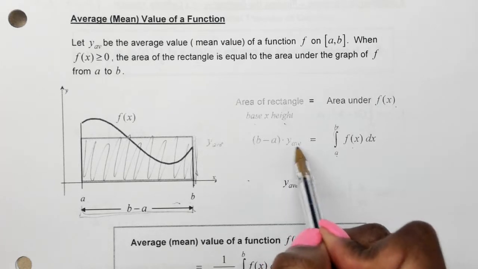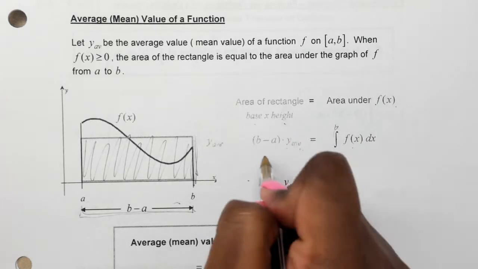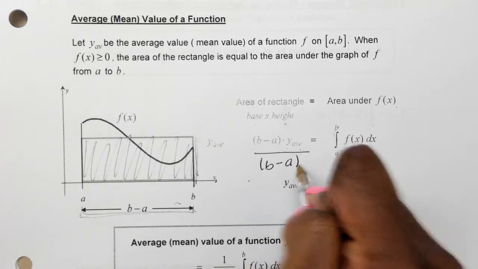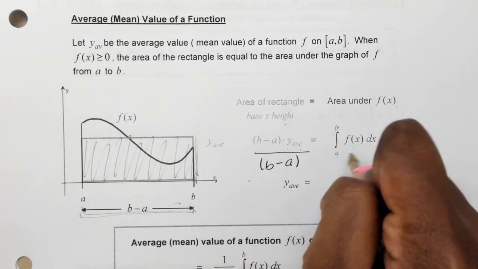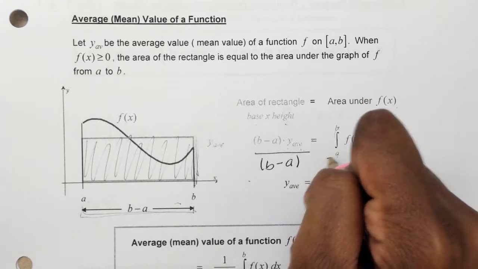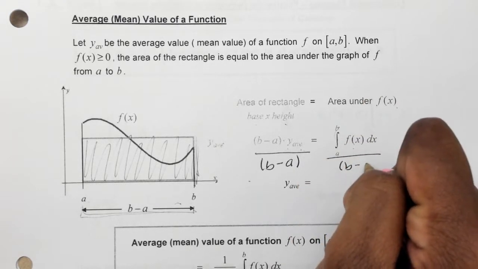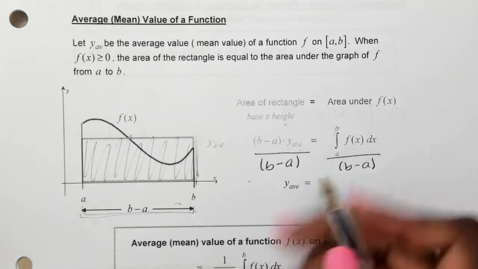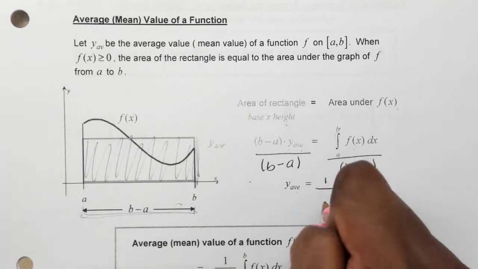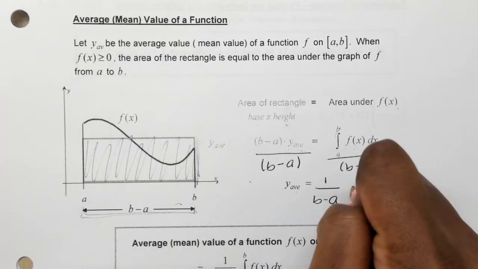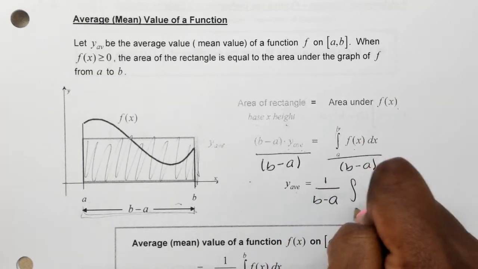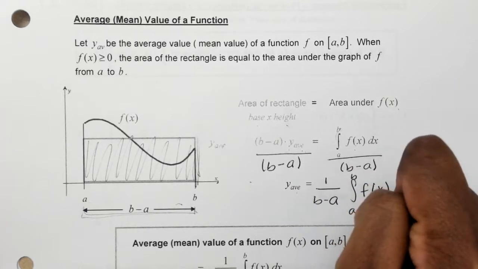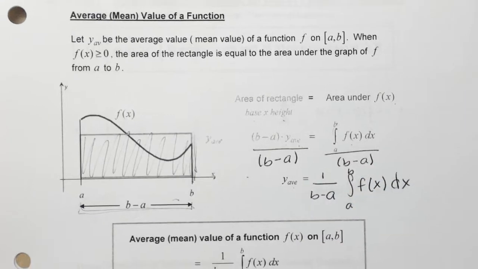So now to find the average y value, I would then divide this by b minus a, right? So my average y value is equal to 1 over b minus a times the integral from a to b of f of x dx.